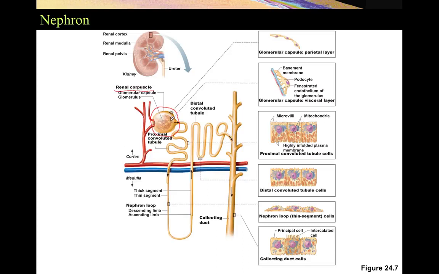And what you notice is there seems to be a tuft of capillaries inside this structure, and that is referred to as the glomerulus. So we have the glomerulus as the blood capillaries, and you have a protective shell around that, which is referred to as the glomerular capsule. Both these structures together are referred to as the renal corpuscle.